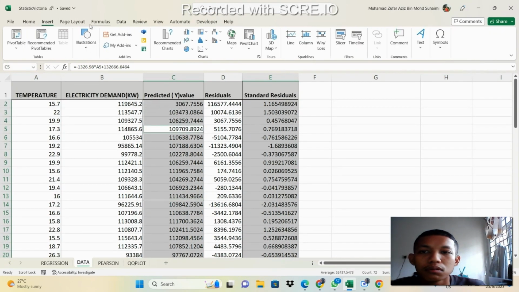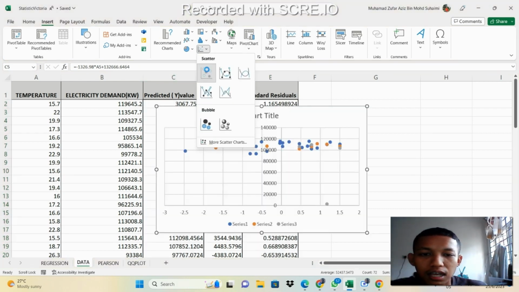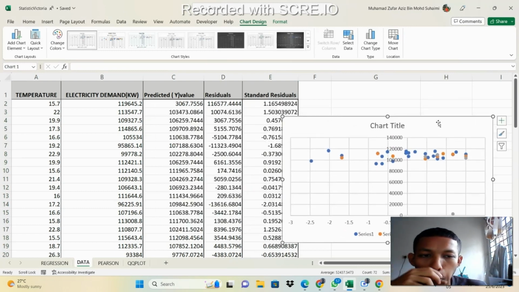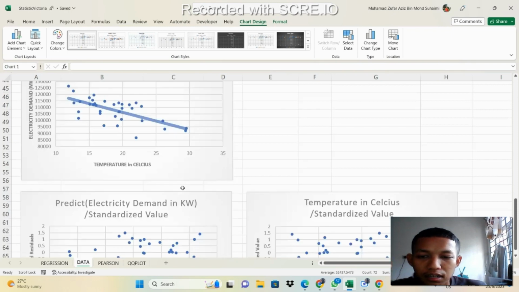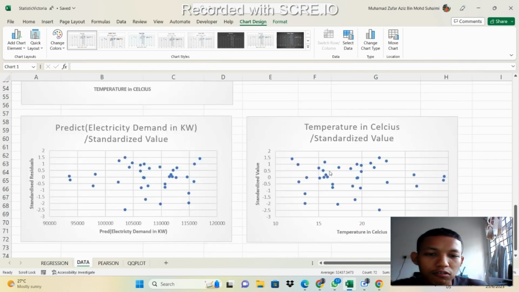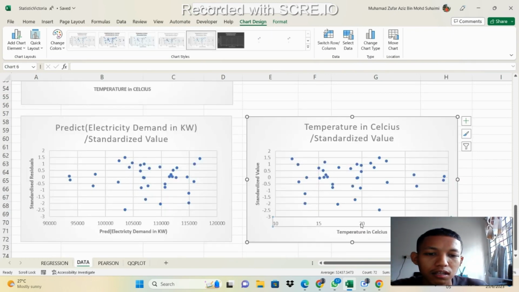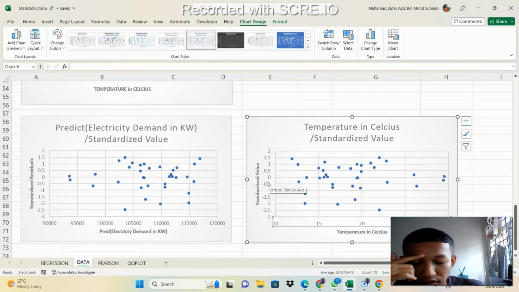Just a demo. You must go to the charts and then choose scatter. So this is our value. In order to get the precise value, redo the axis, and you can also edit the axis on the y.